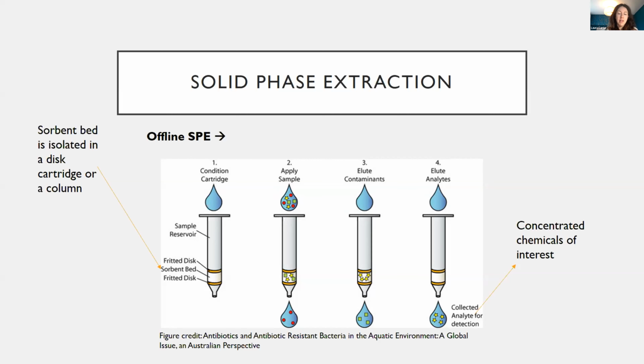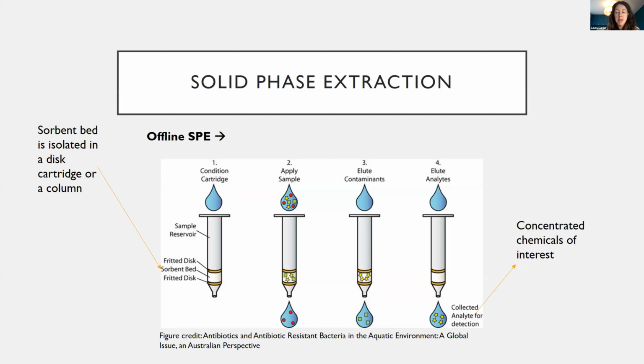So there must be a greater affinity of your compound for the solid phase than for the sample matrix, your water sample that's collected from the river. What you want is your sample to come through the cartridge and the chemicals to be retained on the solid phase. And then you elute these chemicals of interest with a solvent.